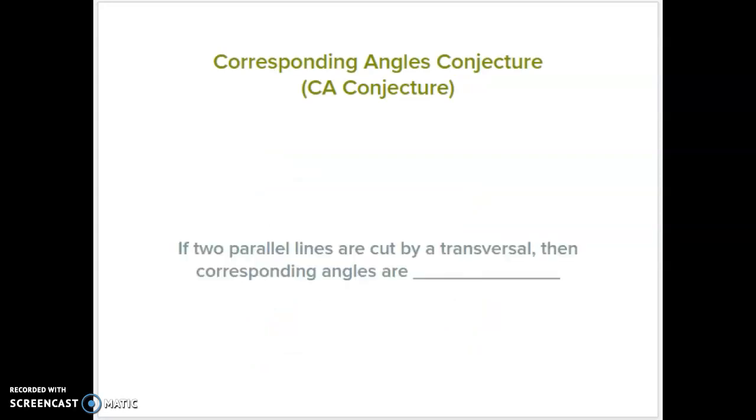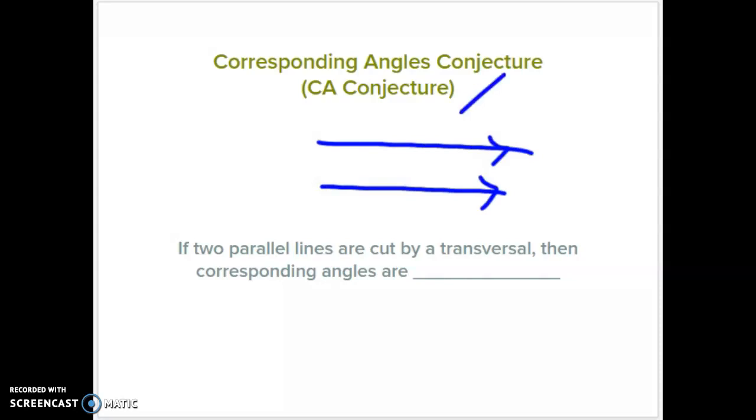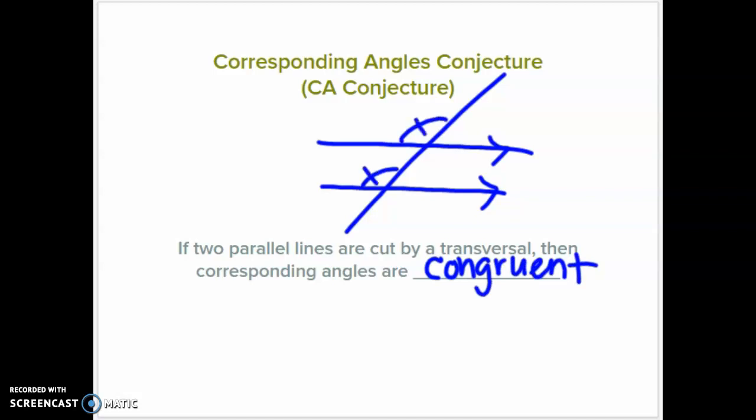So the corresponding angles conjecture states that if we have 2 parallel lines that's cut by a transversal, then the corresponding angles are congruent. Okay, so we have this angle and this angle would be congruent to each other, where all of the other ones are too.